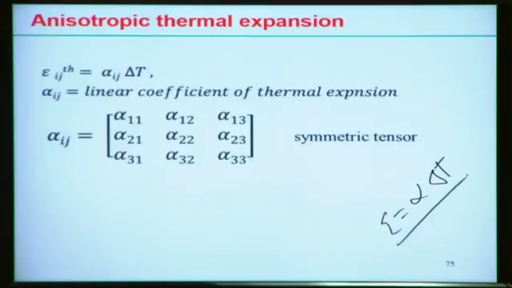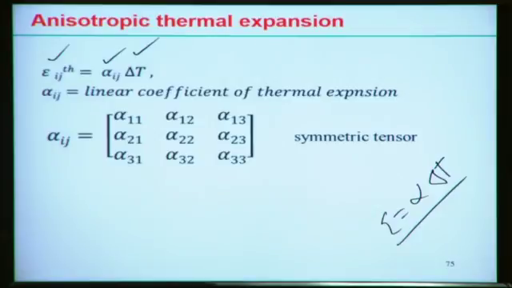But if anisotropic behavior also exists, for example the linear coefficients of thermal expansion are different in different orientations of the crystal, then in general we can analyze the thermal strain using the formula epsilon ij equals alpha ij into delta T. So in terms of a matrix we represent the linear coefficient of thermal expansion having all the components, like the stress tensor or the strain tensor.